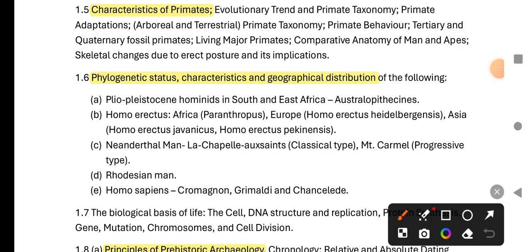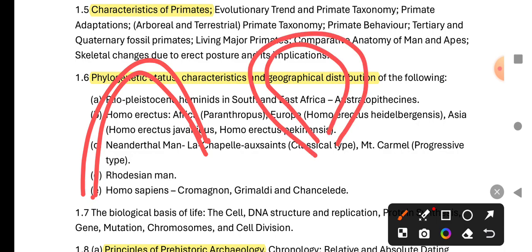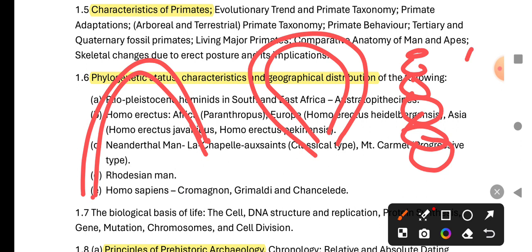This is the man's teeth, this is the Australopithecus teeth, and these are the ape's teeth. So this is the Australopithecus, this is man's teeth, and this is ape's teeth.